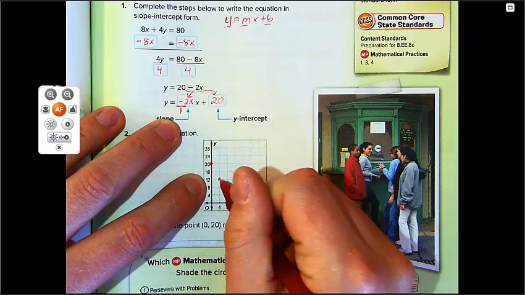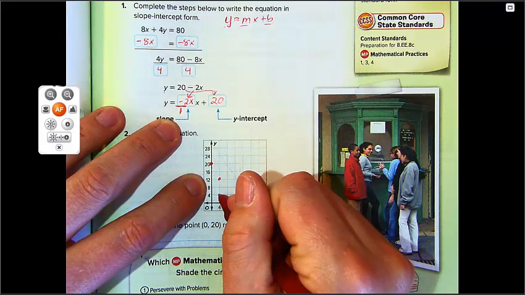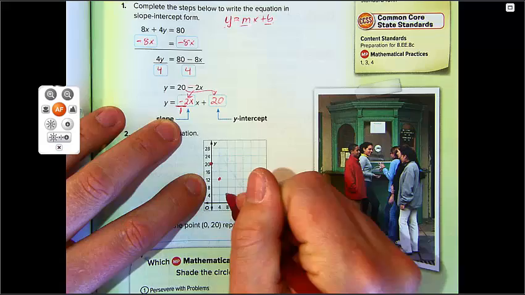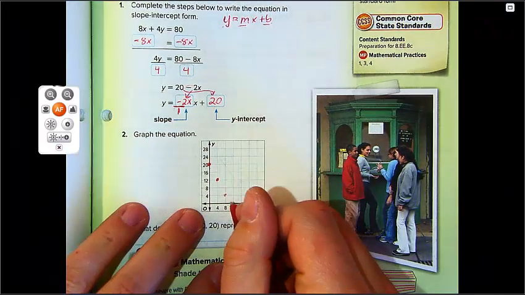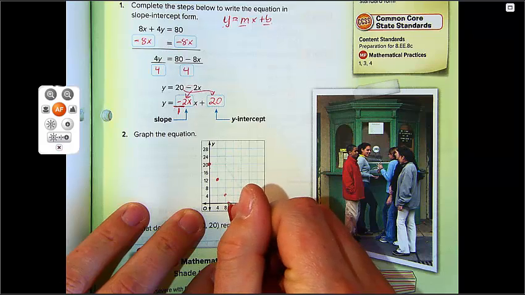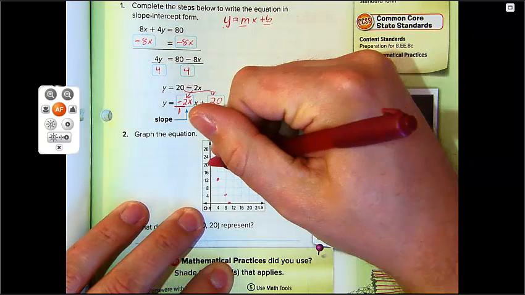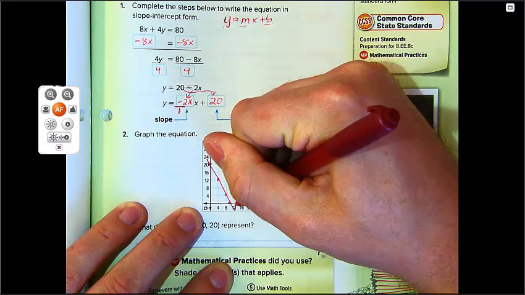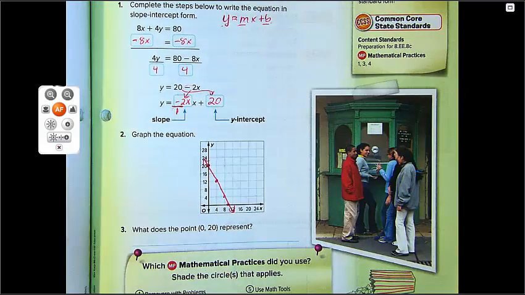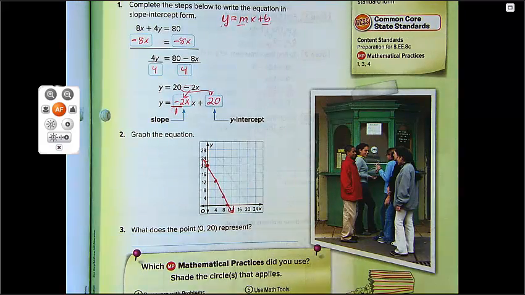So this pattern here would be a down 8 over 4. Okay? And then that should run you right into the x-axis at about halfway. And then, if you have a ruler or a straight edge, make a nice, neat, straight line. Just like that.